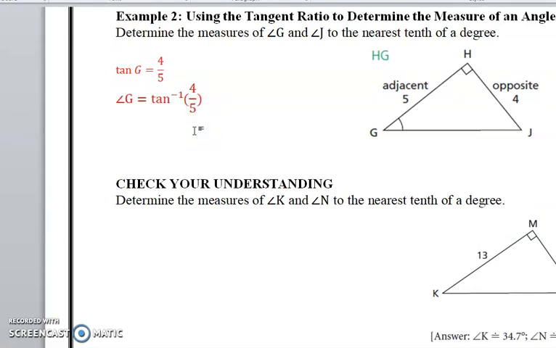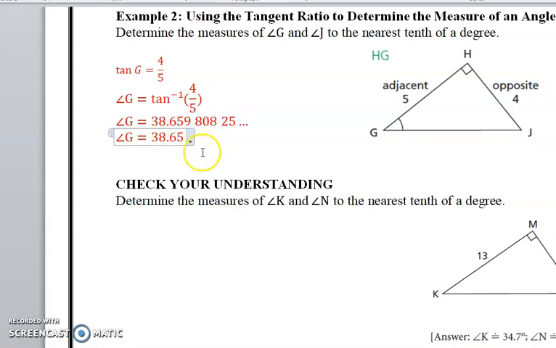And do that on a calculator like we did before, and I know it's showing on the screen. And we get 38.65980825. Okay? And it says the nearest tenth of a degree, so that means the 5 is going to round the 6 up to a 7.